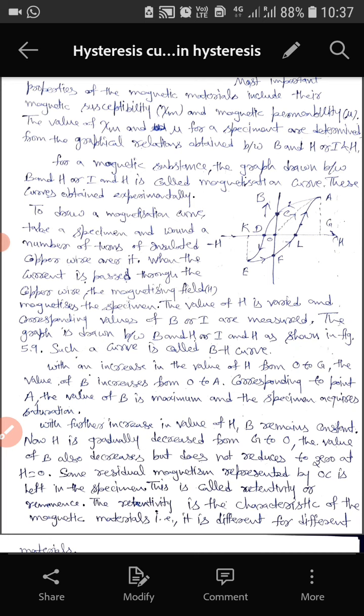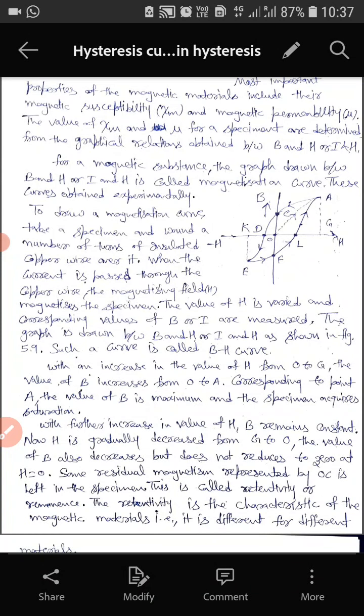So how do we get this graph? First of all, we take a specimen, say a piece of iron in a rectangular shape, and wind a copper wire with a number of turns over this iron piece. When current is passed through this copper wire, the magnetizing field which we have applied externally magnetizes the specimen.